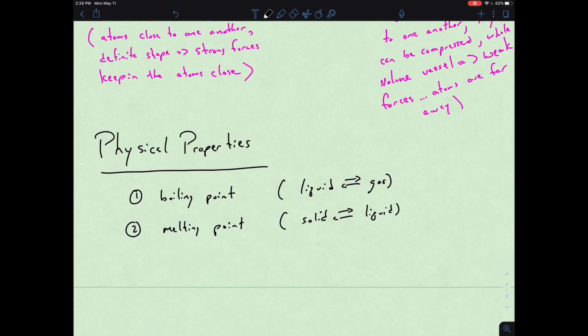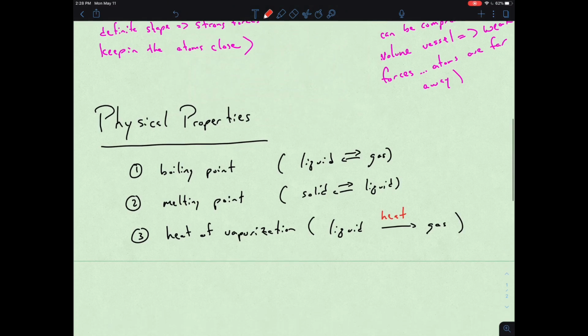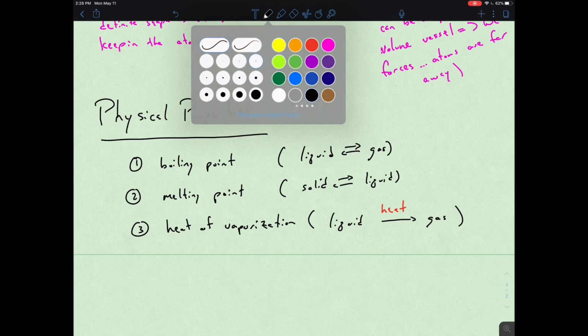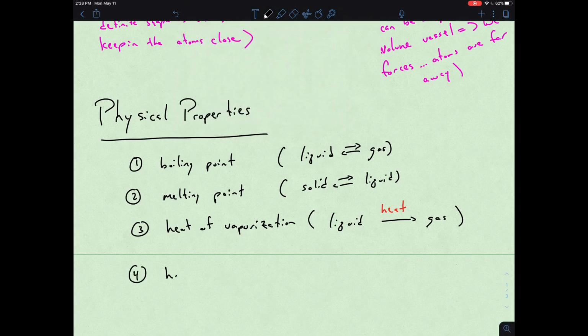We have heat of vaporization, and that's specifically going from a liquid to a gas, and how much heat is involved for that process to go. We also have heat of fusion, and that's going from a solid to a liquid.